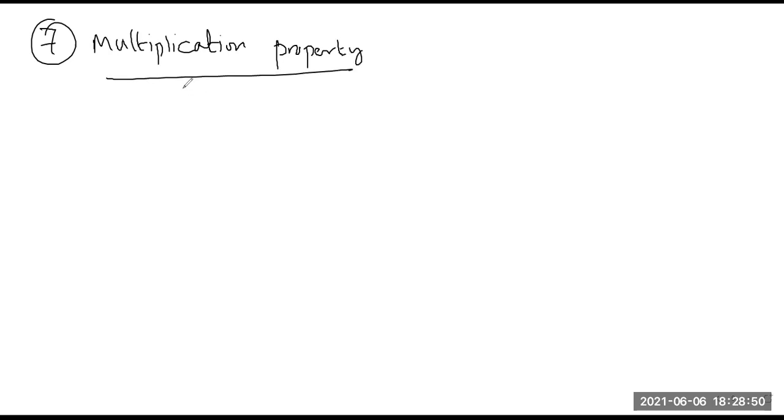Property number 7 is related to multiplication, and this property is also related to convolution as well. Let me first talk about the multiplication property, and then we will move on to the convolution property, and then see the relationship between these two properties.